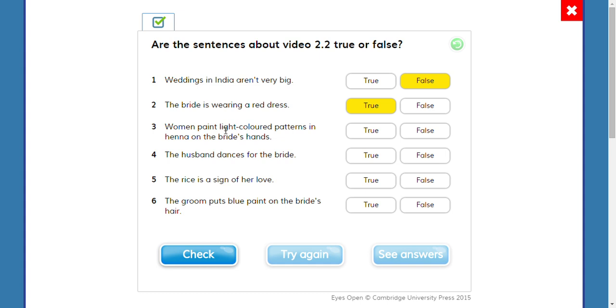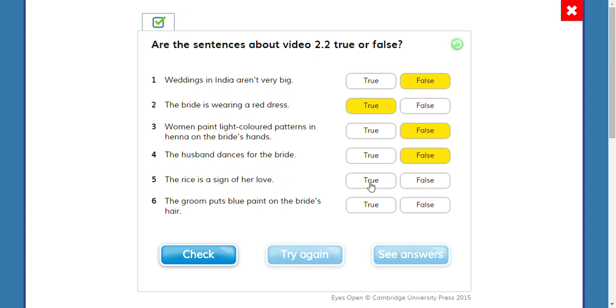Light colored. No, it's false. The husband dances for the bride. True or false? False.